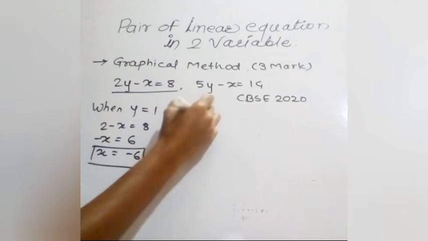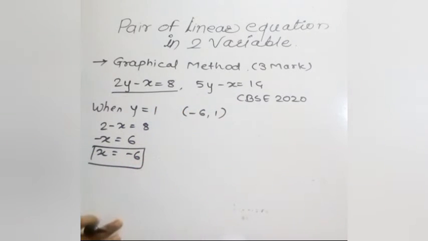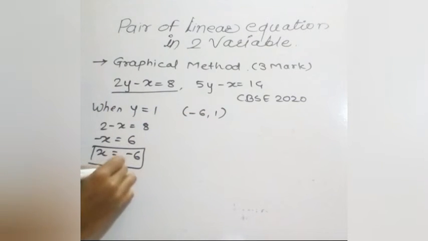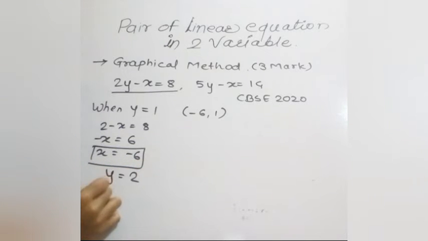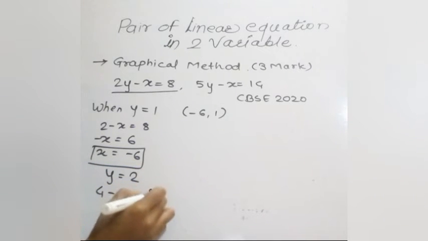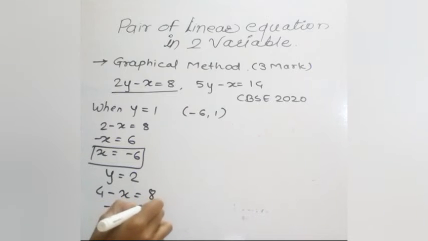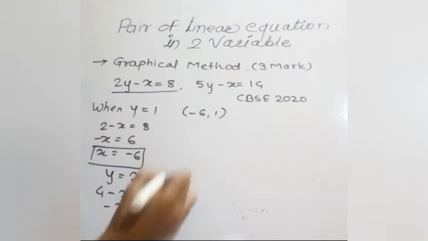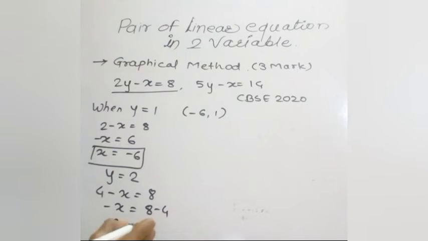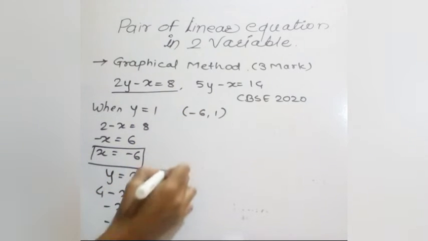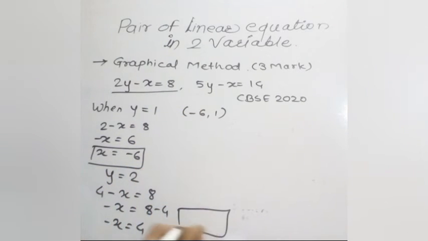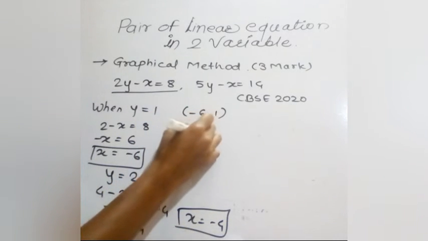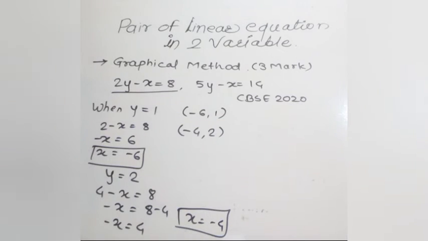So the first point is minus 6 comma 1. Let's put y's value 2. If y is equal to 2, then 4 minus x is equal to 8 and minus x is equal to 8 minus 4, that is minus x is equal to 4. Therefore, x is equal to minus 4. In this case, the point is minus 4 comma 2.